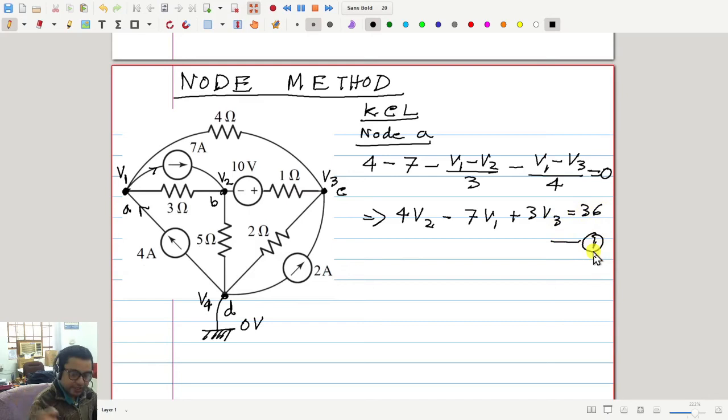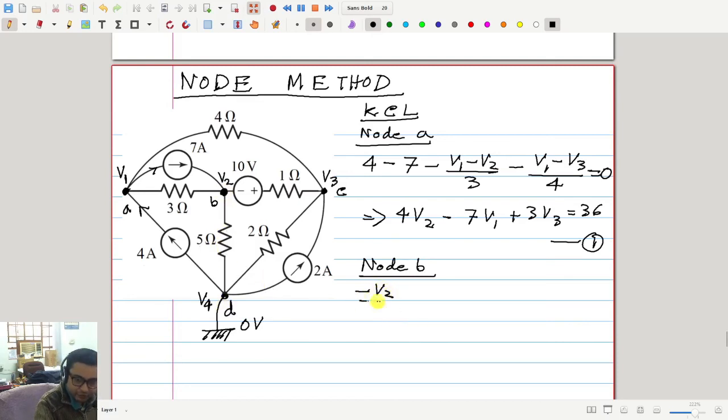Then let us look at node B, and let us write the KCL equation at node B. First, let me consider this 5 ohm resistance. Through this 5 ohm resistance, current is going out, and how much is that?